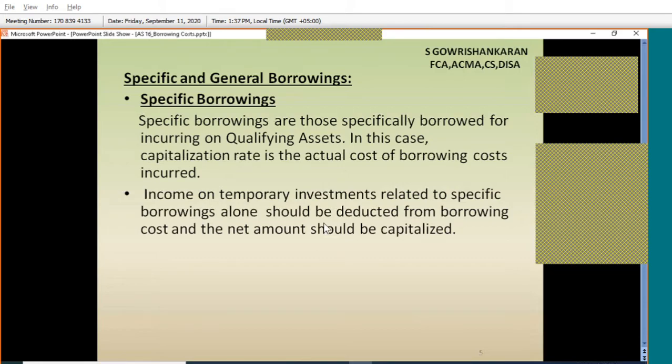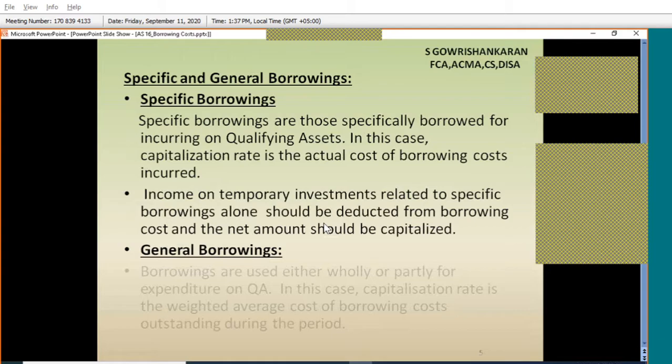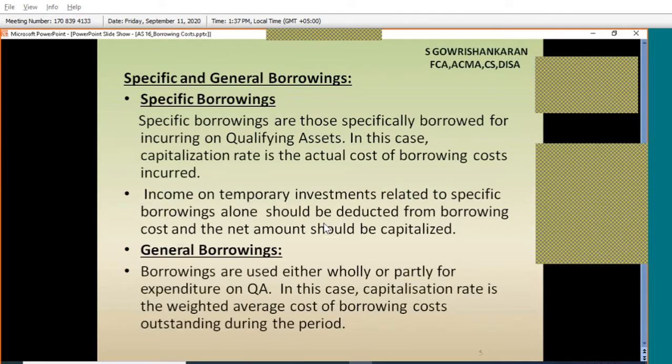Next point, general borrowing. As I said already, general borrowing is nothing but, sir, I want 200 crores. Why do you want it? I want it for many purposes, sir. What are the purposes?